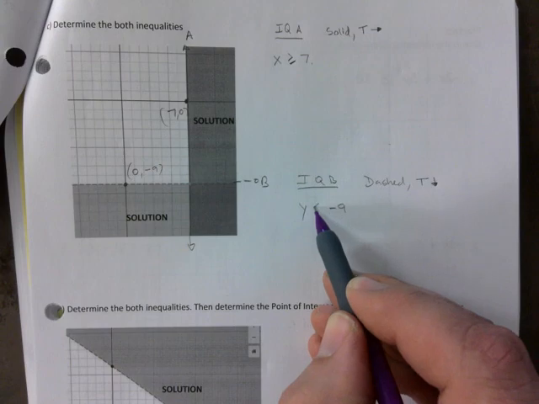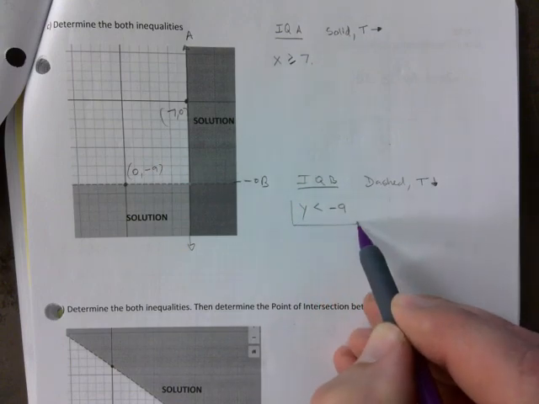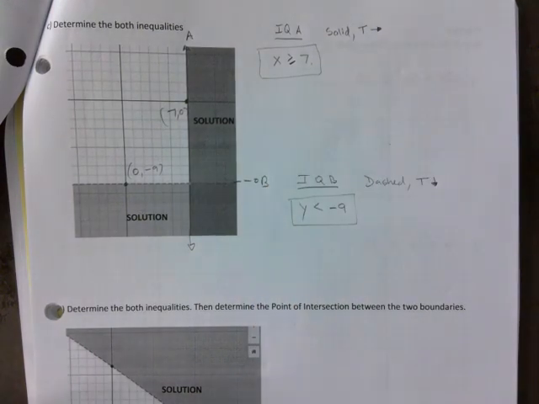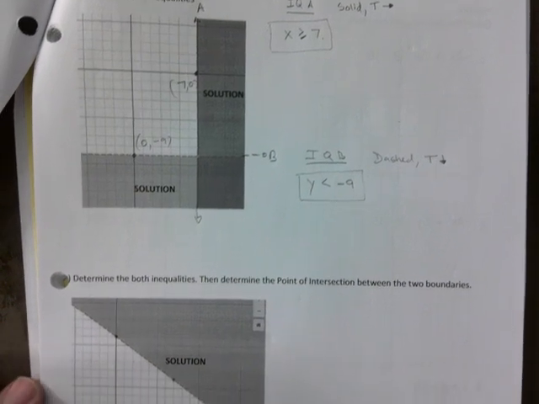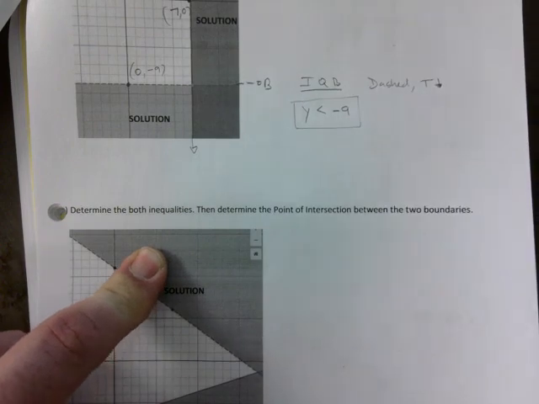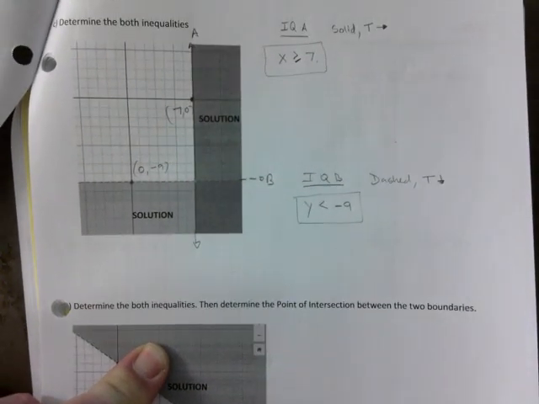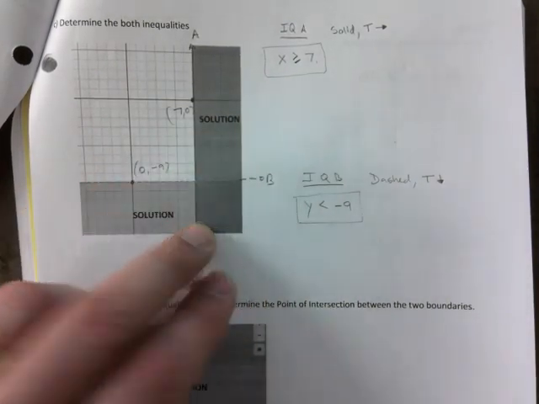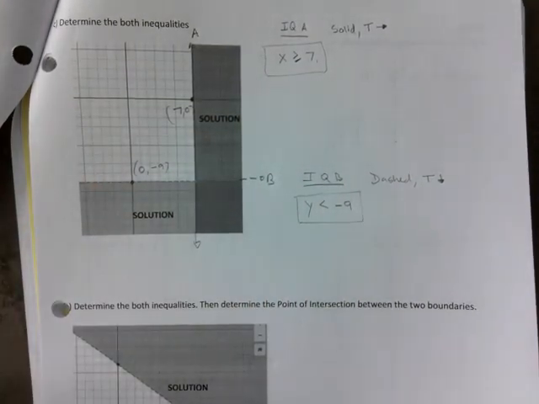So I'm just going to go less than, and this is the inequality for B. This is the inequality for A. I'm going to leave the bottom 2 here for now. I want to get to graphing systems now. The vertical and horizontal is a lot easier. You don't need to find a slope there.